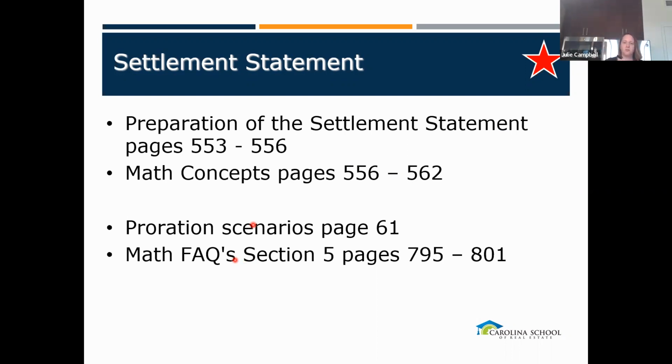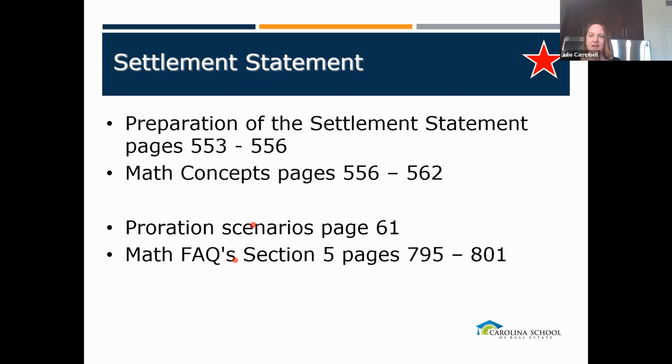We introduced you to proration back in Unit 3 when we talked about property taxes. Now that we're here at closing, we're going to learn how to prorate those taxes. When we're prorating something, we're just making it fair between the parties. If you buy my house today, is it fair for you to pay the entire year's property taxes?